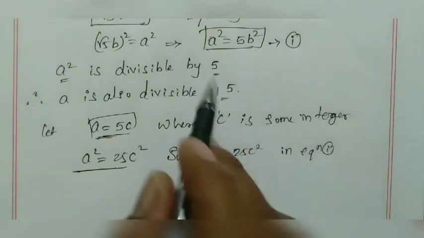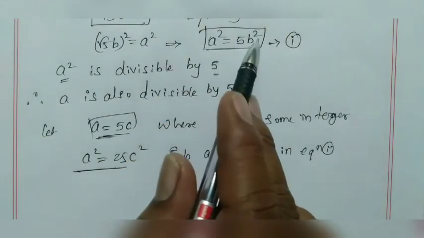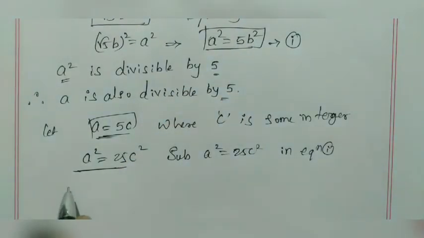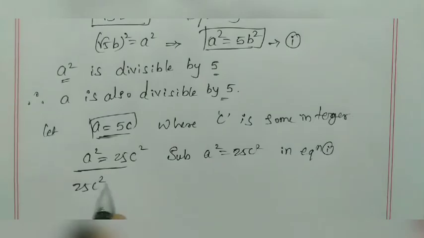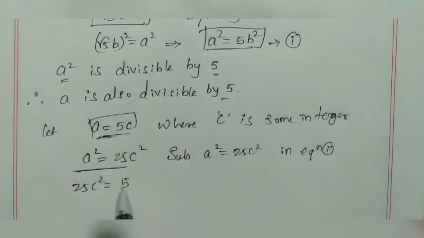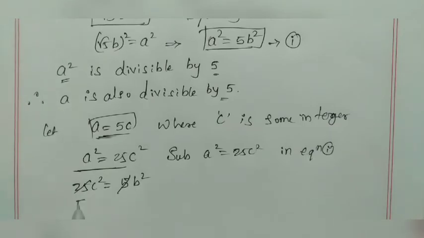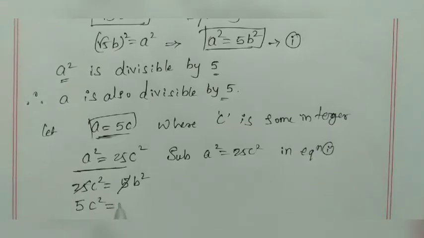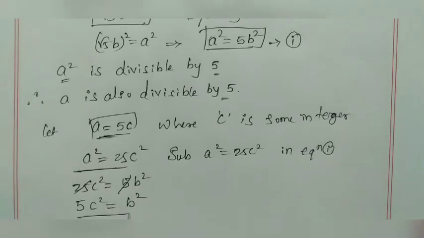Equation 1 is a squared equal to 5b squared, so I'll write here 25c squared equals 5b squared. Dividing by 5, 5c squared is equal to b squared.